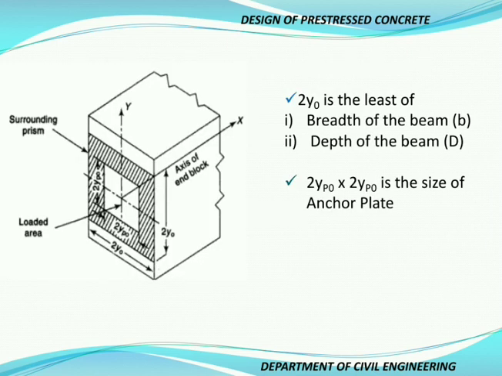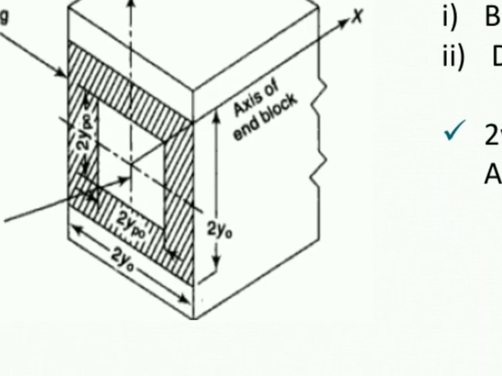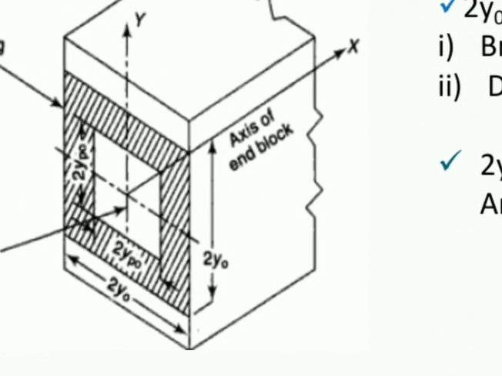Now next comes the most important concept, that is the prism, the loading prism and the surrounding prism. When we look at this figure carefully, it's a cut section of a beam in which we are able to see the width of the beam and the depth of the beam. Here we get a prism.